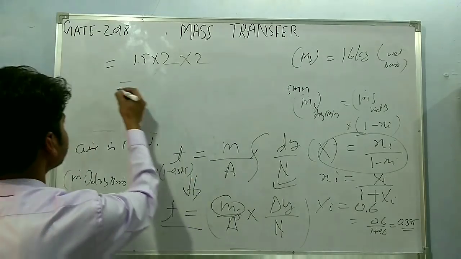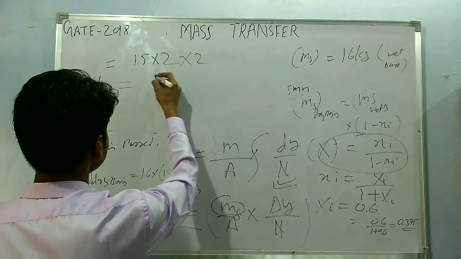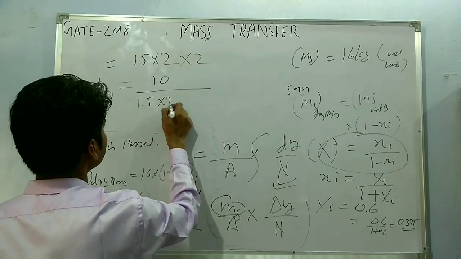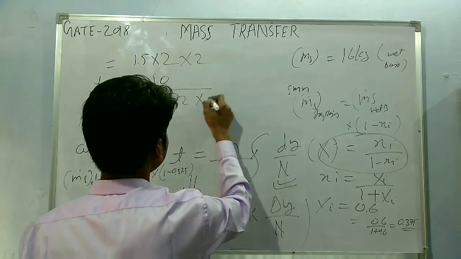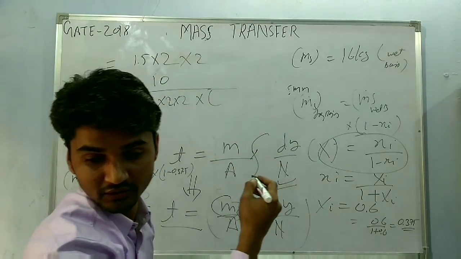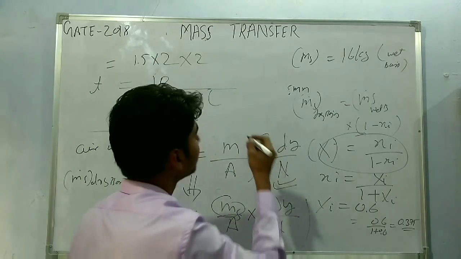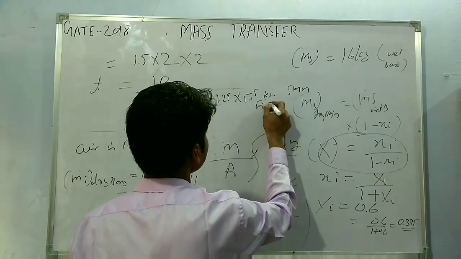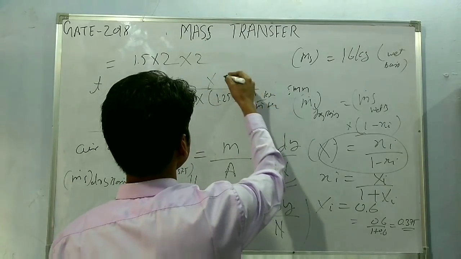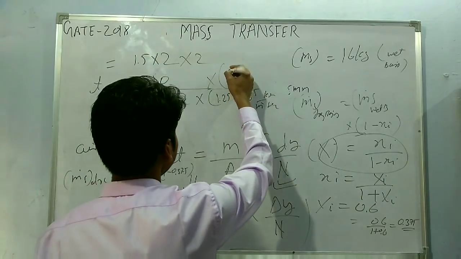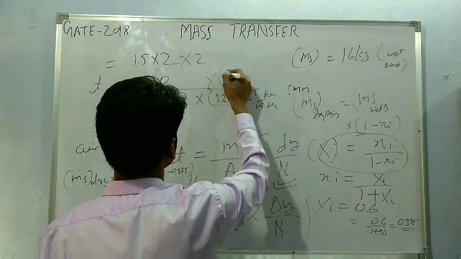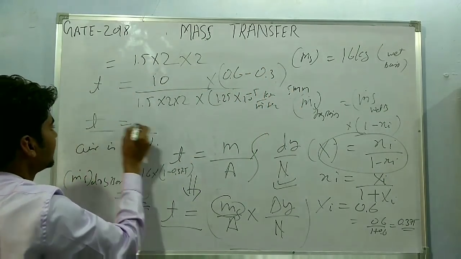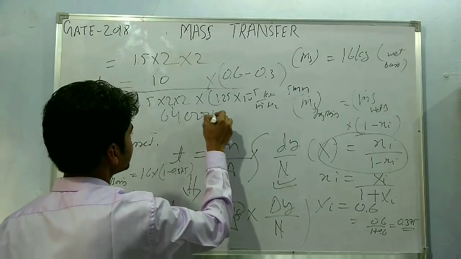Substituting the values, we get T equals 10 divided by area, that is 1.5 into 2 into 2, into the rate of drying, which is given as 1.25 into 10 to the power minus 5 kg per meter square second, into delta Y. Delta Y is the initial moisture content minus the final moisture content on dry basis. Calculating this, we get T equals 64,000 seconds.